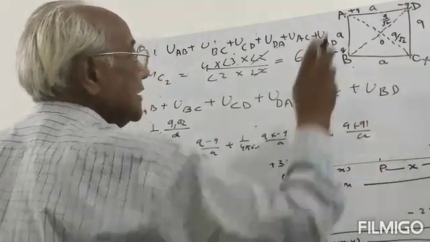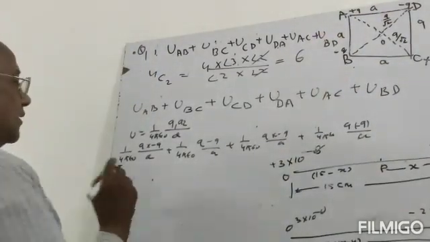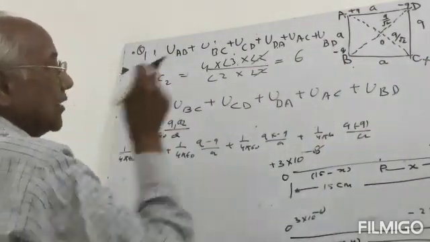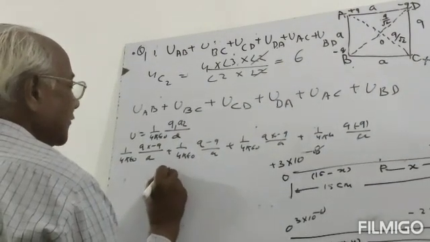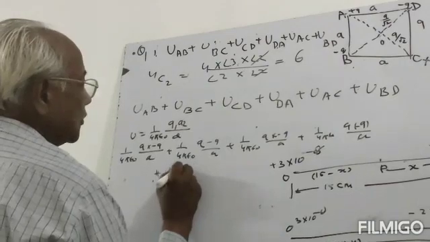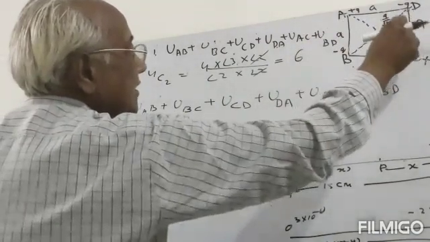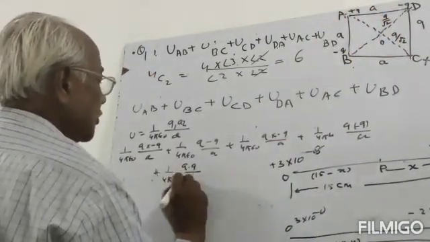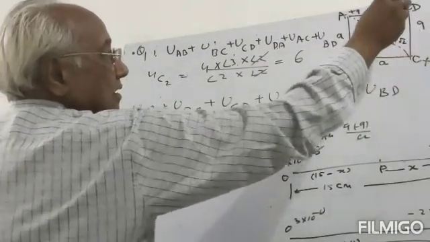And for D and A, this will be equal to 1/4 pi epsilon 0 q into minus q divided by a. These are for the sides. Now in the diagonal terms, the q between A and C, this is positive, so this will be equal to plus 1/4 pi epsilon 0 q into q divided by the distance. This distance is not a, this distance is equal to under root 2 times a by Pythagoras theorem.